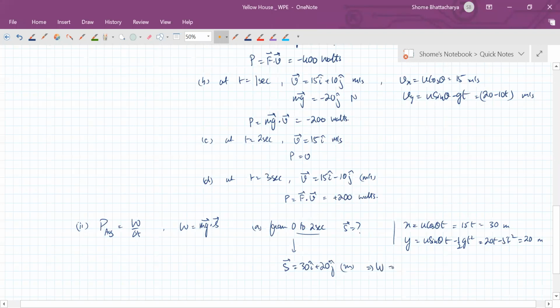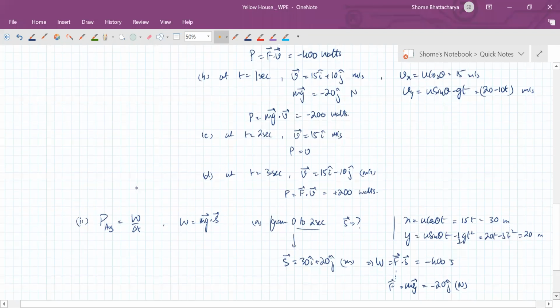So work done, force is nothing but the weight, which is minus 20 j cap in newtons. So this one's dot product with this one will give us the work done as 20 into minus 20, so minus 400 joules.